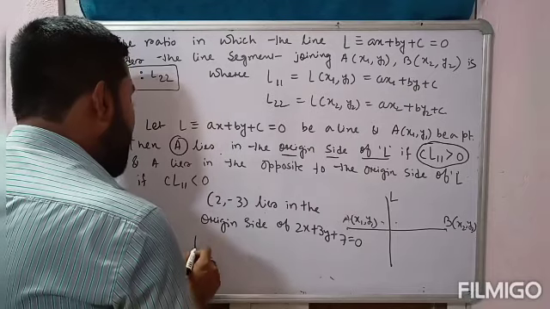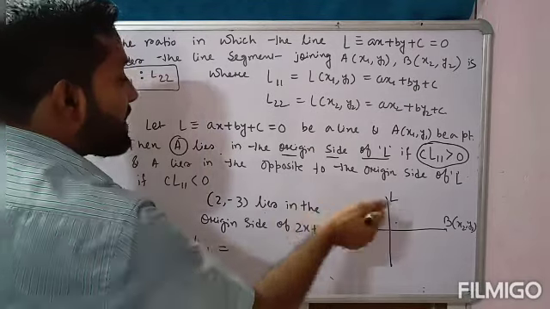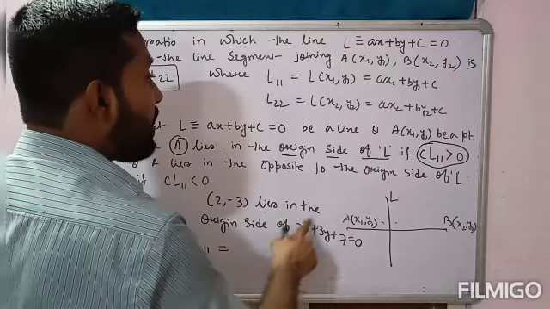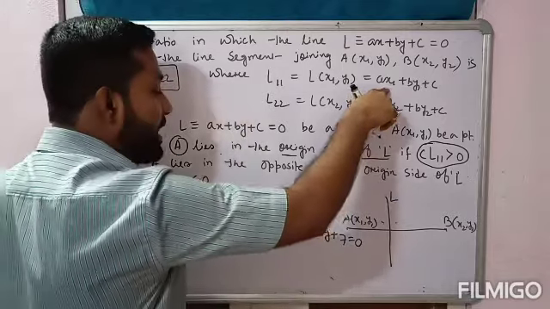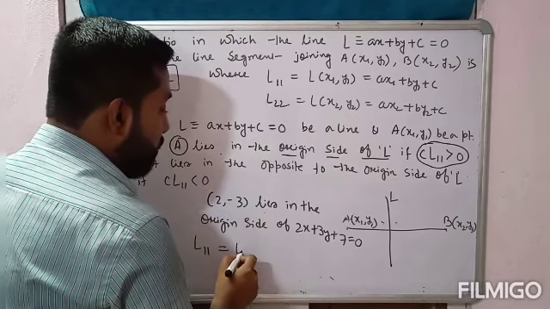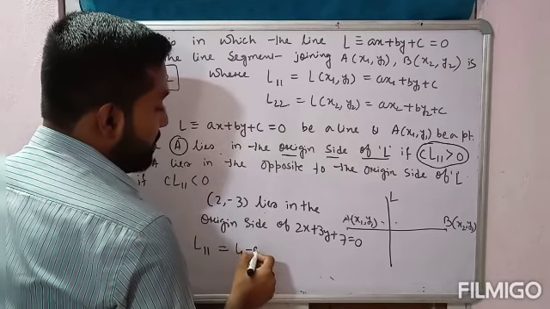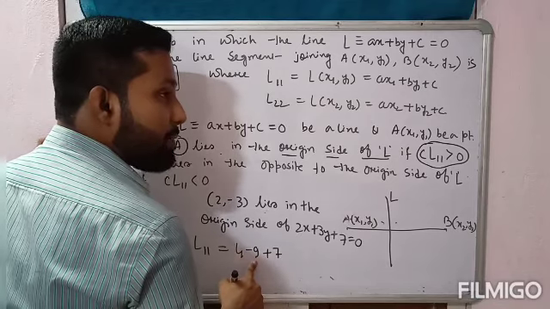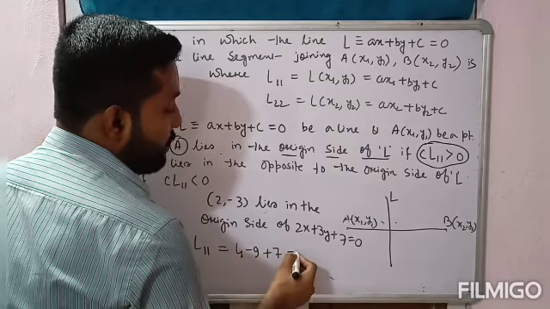So let us find out first the value of L11, because the value of C is already here. L11 means, same, A into x1, 2 into 2 that is 4, 3 into minus 3 minus 9, plus 7. So 4 minus 9 is minus 5, plus 7 that is equal to 2.